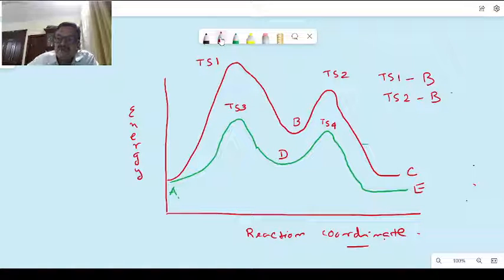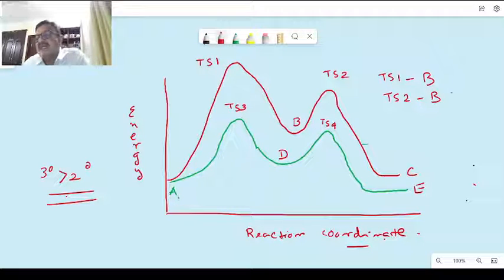Now it is the same thing in the case of a secondary and tertiary carbocation. We have seen the order of stability of the carbocations there. That is, the tertiary carbocation is more stable compared to a secondary carbocation. So in the order of stability of the carbocation, we have seen the transition state is similar in structure to its corresponding carbocation.